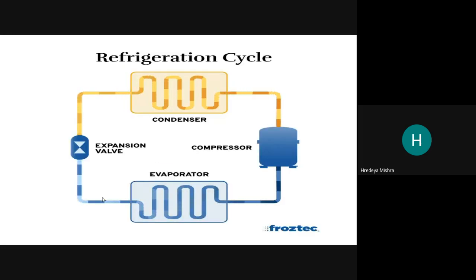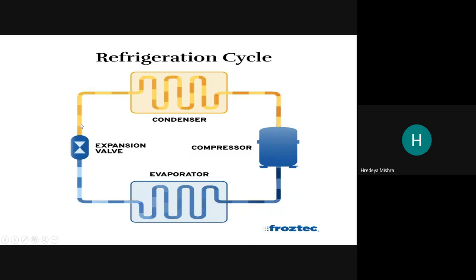Now, this is our refrigeration cycle. This is the condenser, which condenses the vapor, and this is the evaporator, which absorbs the heat. And here is our compressor, which compresses the vapor and changes the pressure. And here is the expansion valve.